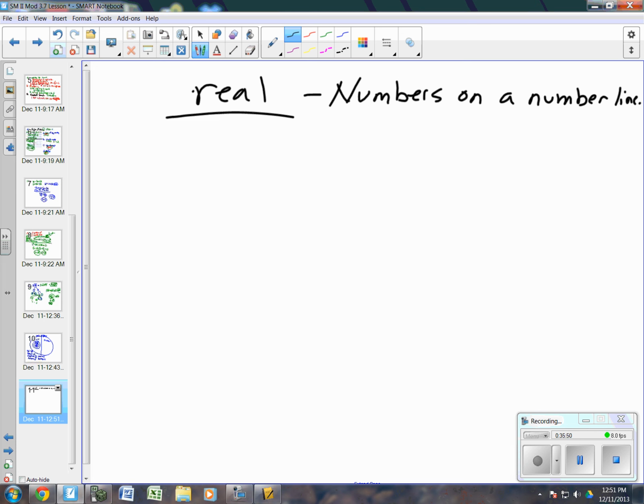You can put 0.34586 on a number line, right? You can put 10 million on a number line. You can put 10.3821 on a number line. Any number that you guys have ever learned about is a real number. We're going to be learning about imaginary numbers soon, which are actual numbers, but it's a different number system.